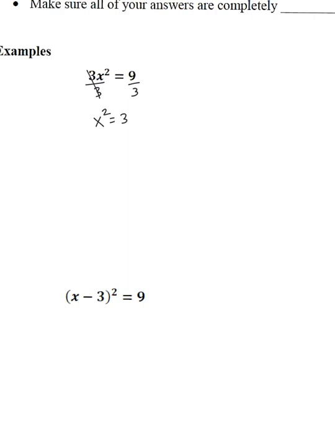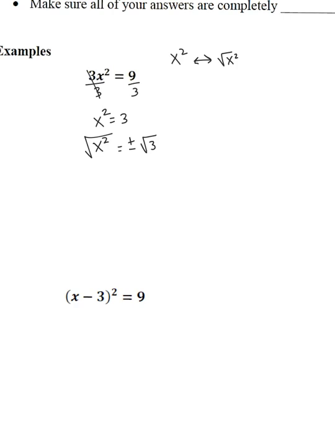To get rid of the x squared, the opposite operation to squaring something is taking the square root of that. And whenever you take a square root, you need to put a plus and a minus sign in front of that square root symbol. So I'm going to take the square root of x squared, and then I'm going to put plus or minus the square root of 3.